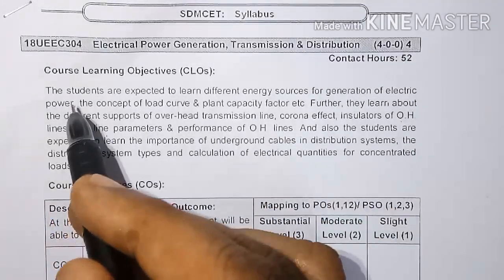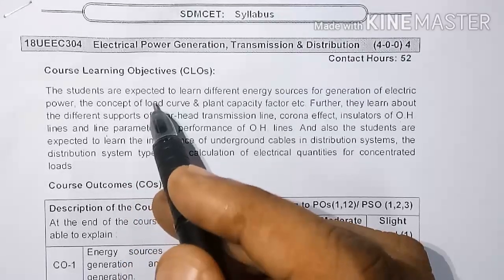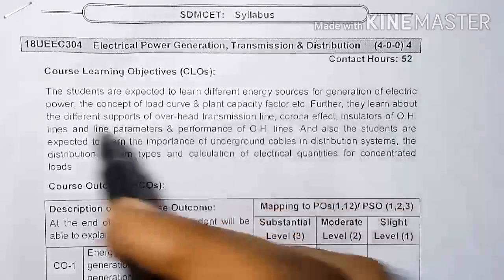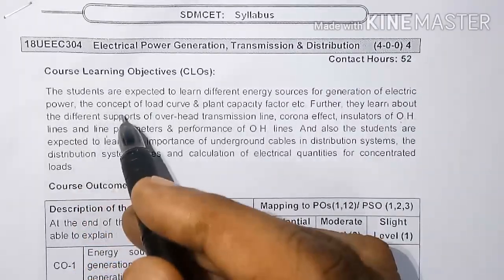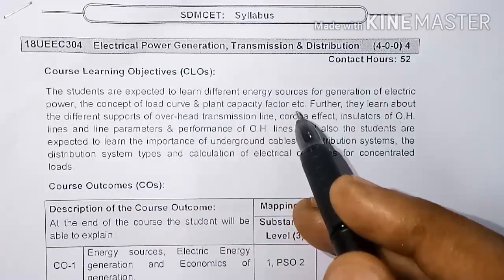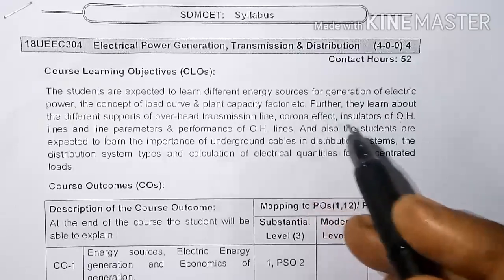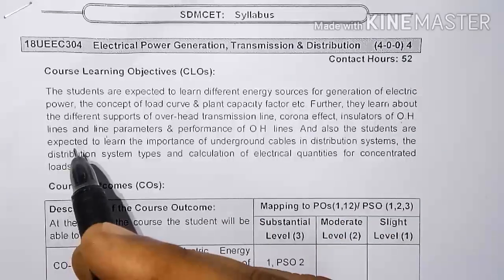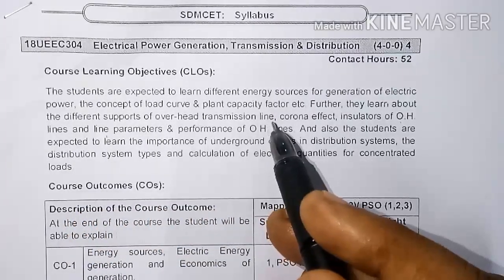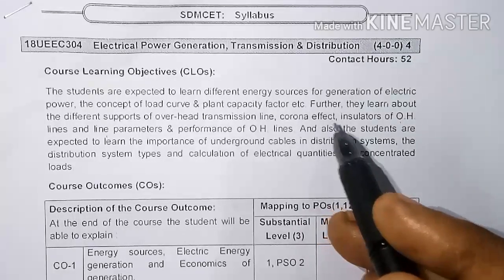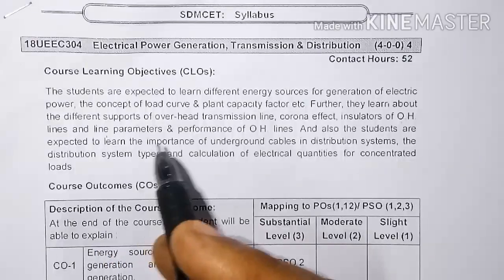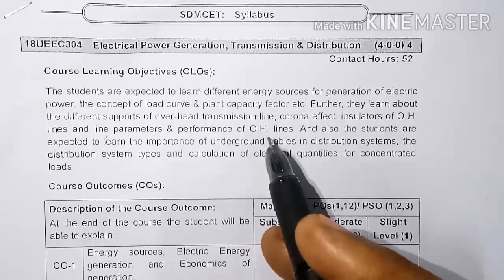In this subject, the students are expected to learn different energy sources for generation of electric power, the concept of load curve, plant capacity factor, etc. Further, they learn about the different supports of overhead transmission line, corona effect, insulators of OH lines, and line parameters and performance of OH lines.